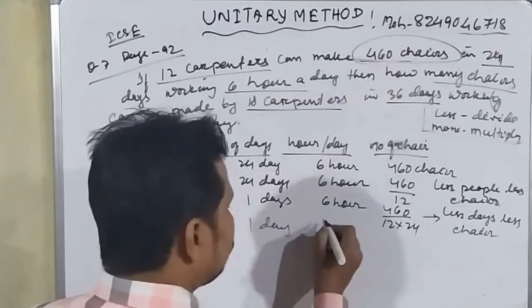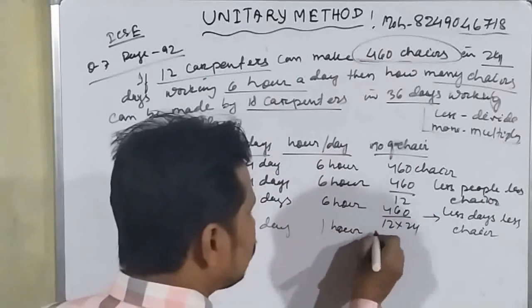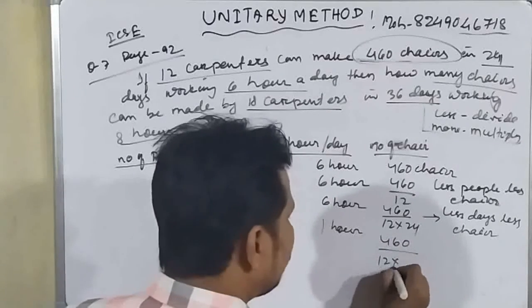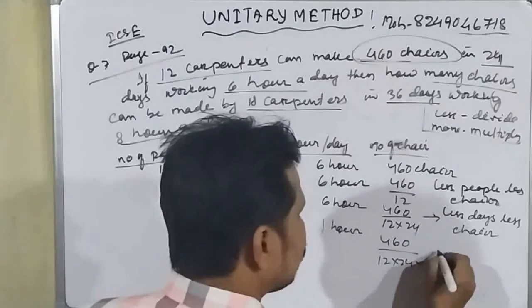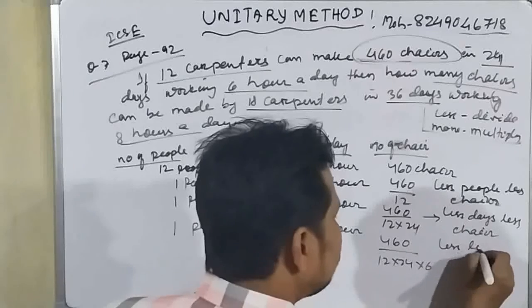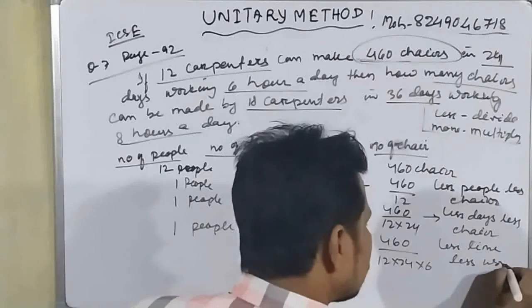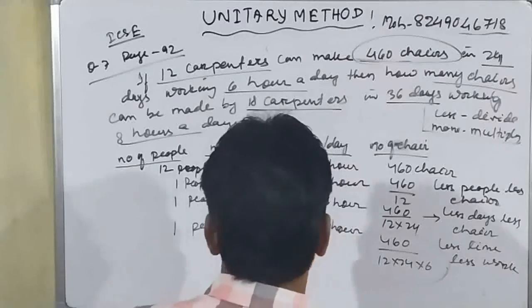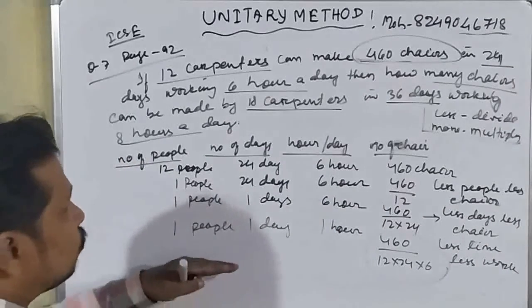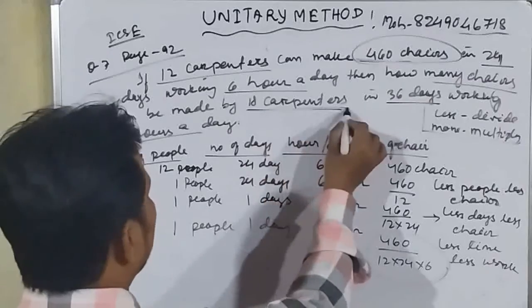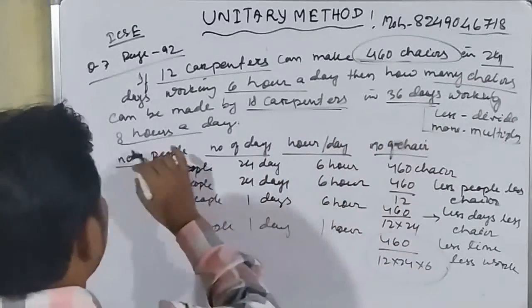So here for 1 hour, the result will be 460 divided by 12 into 24 into 6, because less time, less work. Okay student, so now again one by one we have to find out the value for 18 carpenters, 36 days and 8 hours.